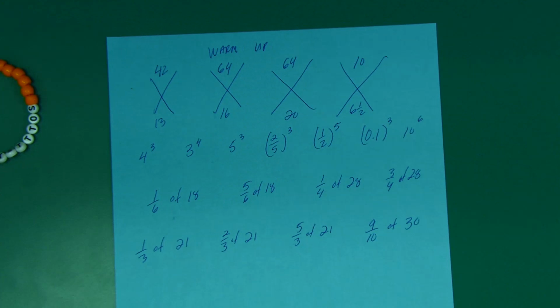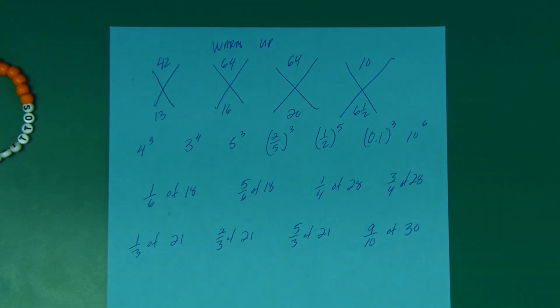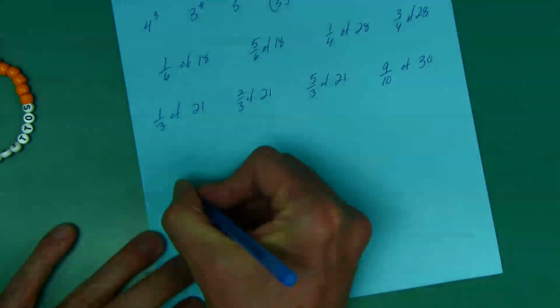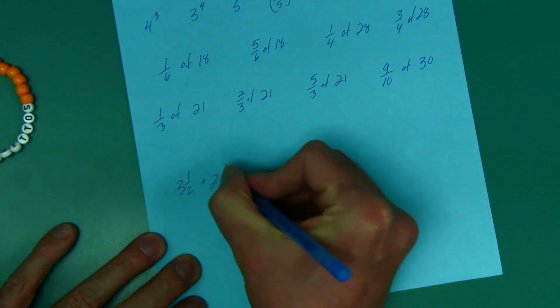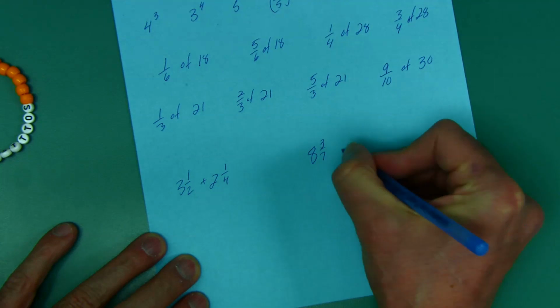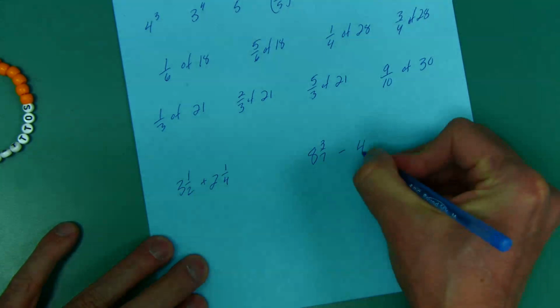You know the drill. Copy this down. Go try these problems, and then we'll give you a few more to copy down and a few more to try. But go ahead and pause this and start those problems, okay? All right. Now let's give you a few more to copy down about adding, subtracting, multiplying and dividing mixed numbers.